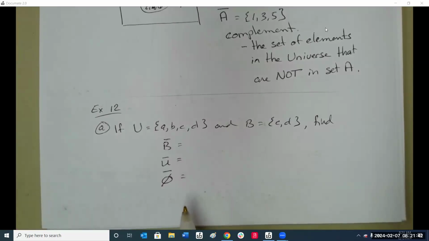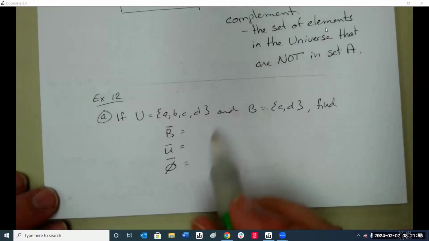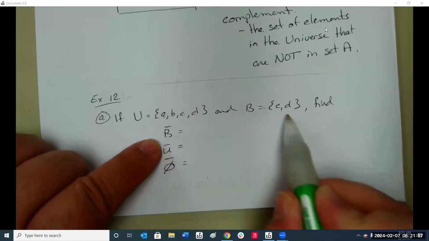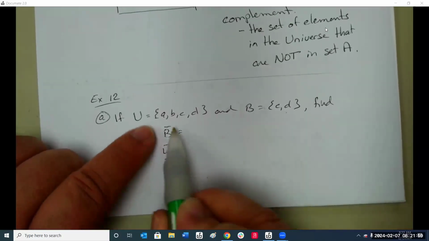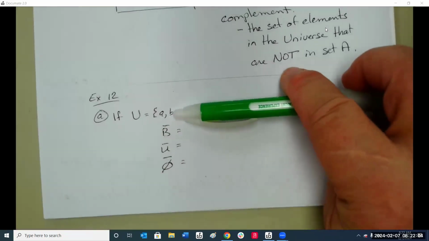So, what is the complement of B? The way you do it is, since we're looking at B, go to the universe, cross out what those are, whatever's left is your complement.